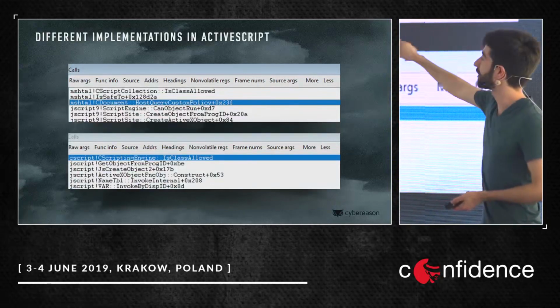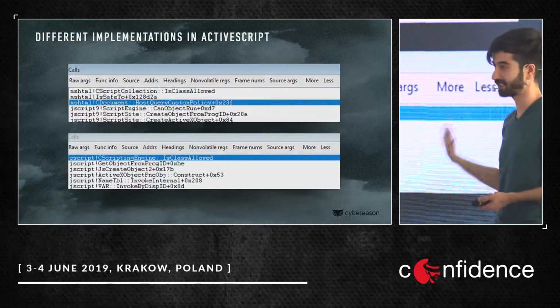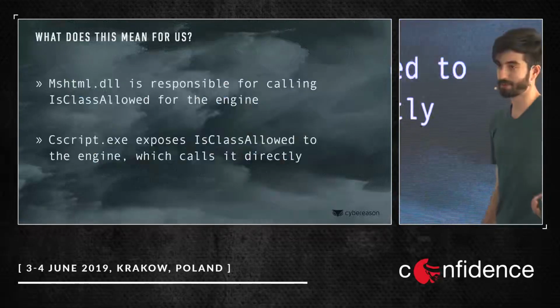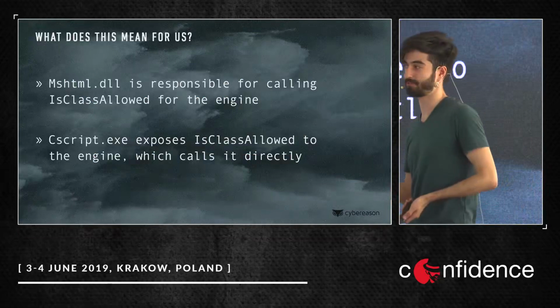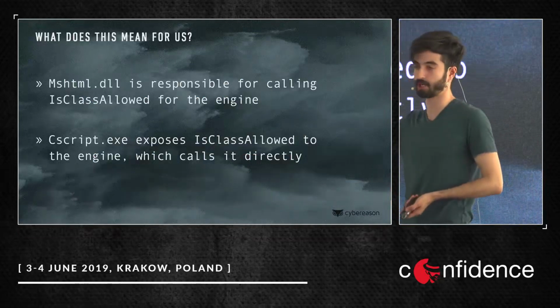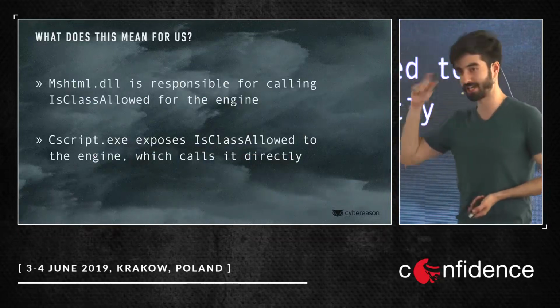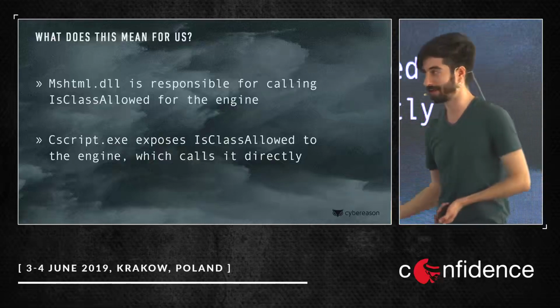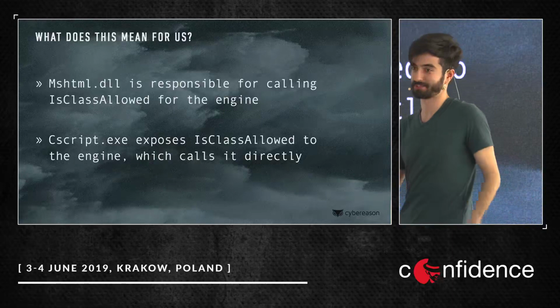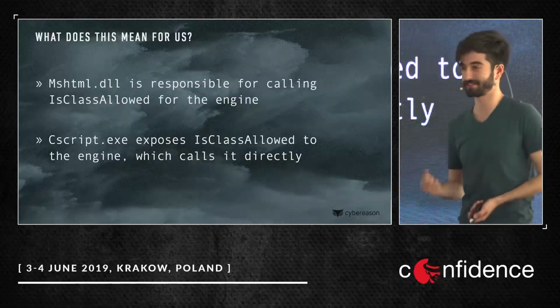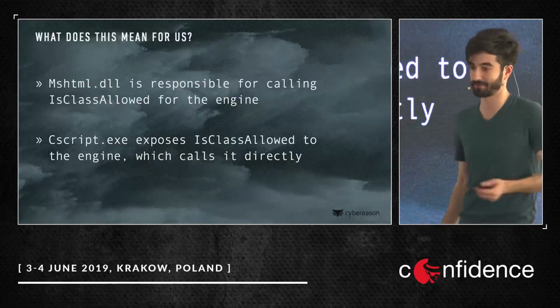MSHTML calls is class allowed by itself. So we have two pairs of implementation. In one pair, we have both teams thinking that the scripting host is responsible for checking if the class is allowed. And in the other pair, we have both teams of developers thinking that the engine is responsible for checking if the class is allowed.